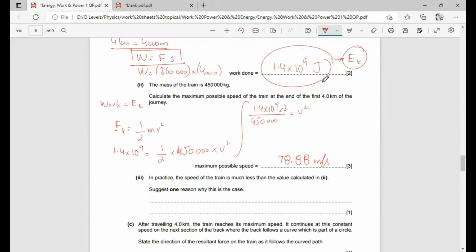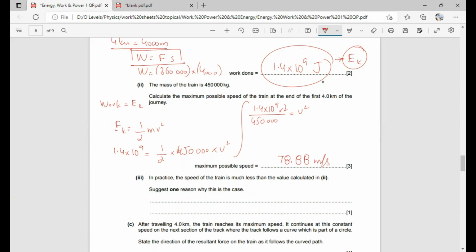Now, in practice, the speed of the train is much less than the value calculated. It's the same reason that we have given earlier. What should be the reason? Some energy is lost in the form of heat due to friction.